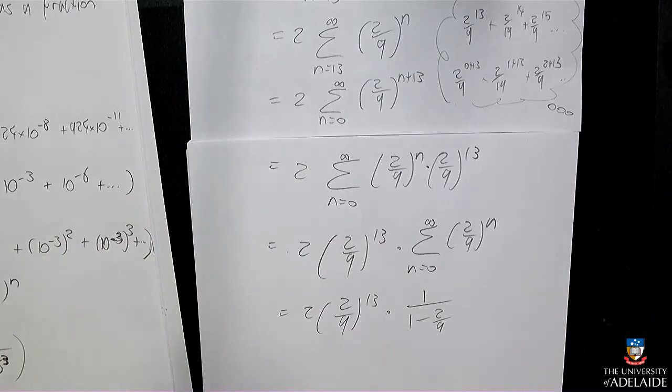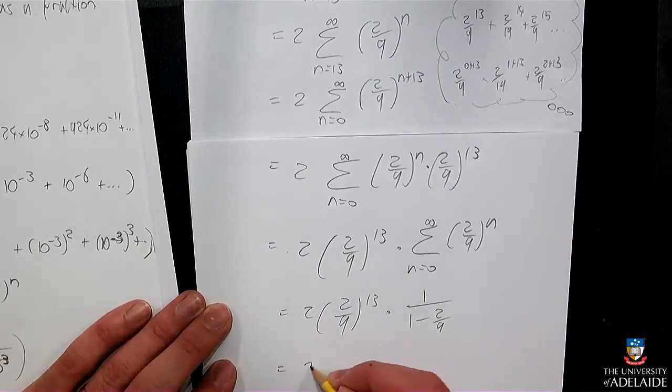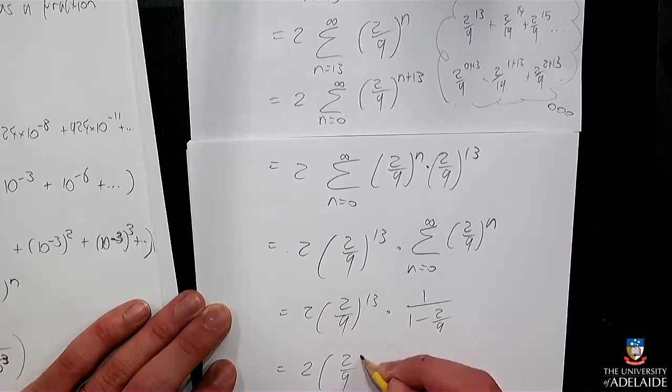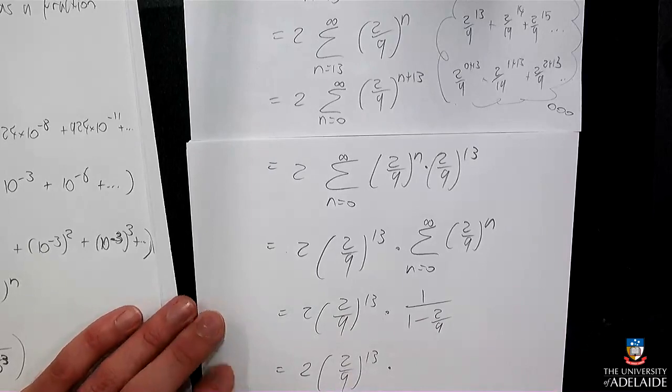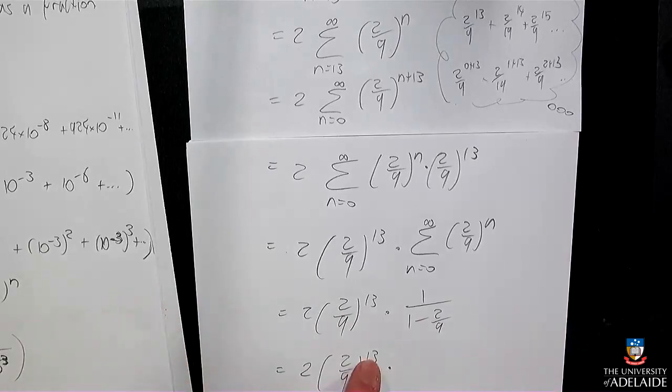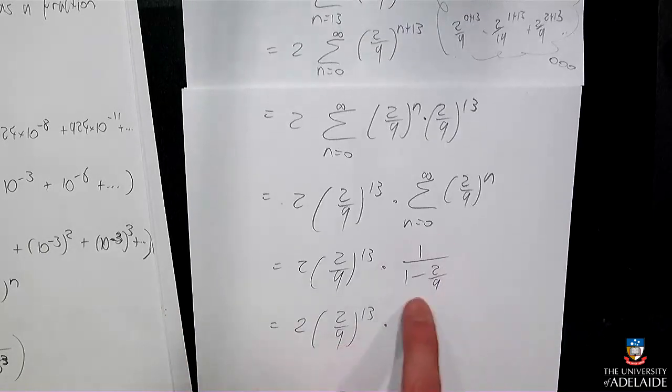You go 1 over 1 minus thing. Now, I'm not going to bother trying to deal with, we don't want to know what 9 to the power of 13, that's horribly huge. But this looks very uncomfortable. I don't like fractions within fractions, so I'm going to multiply the top and bottom of this fraction by 9.